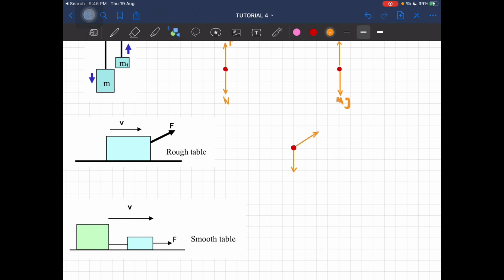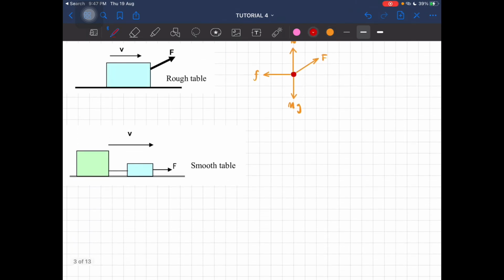This is a rough table, so we have a friction force going against the motion, and it is in contact with the table, so it would have a normal force. So those are the forces present in this situation: mg, and this is the friction force.